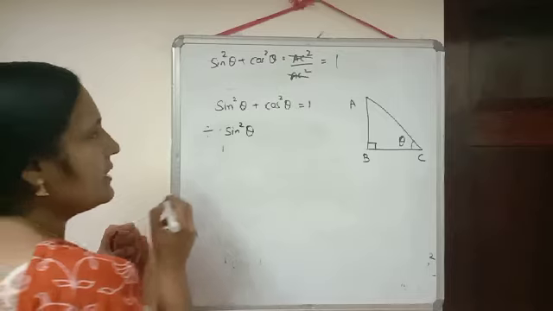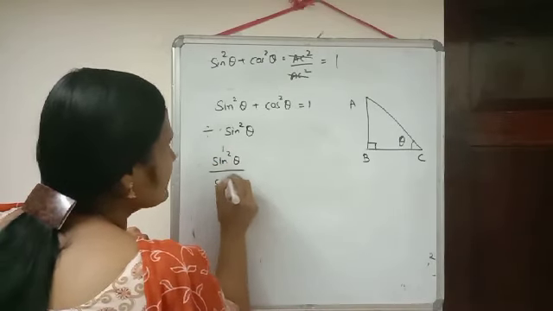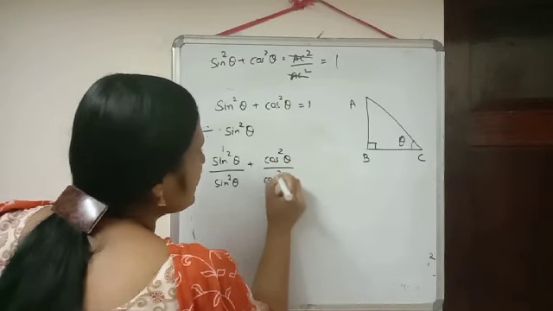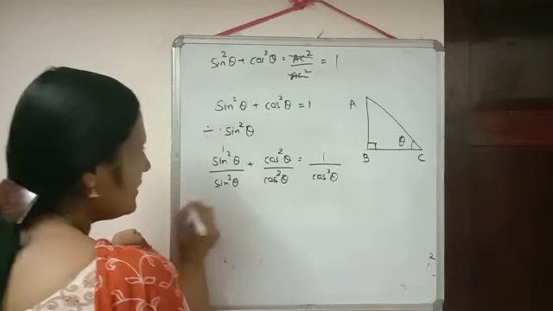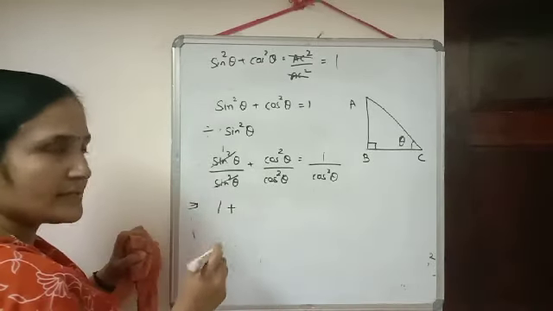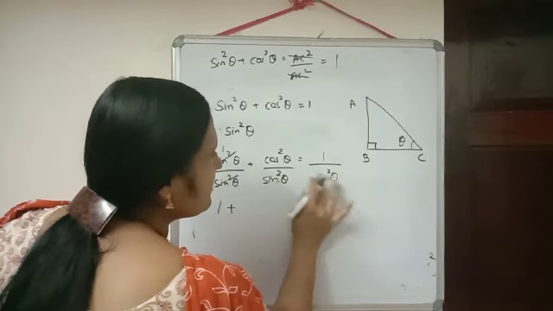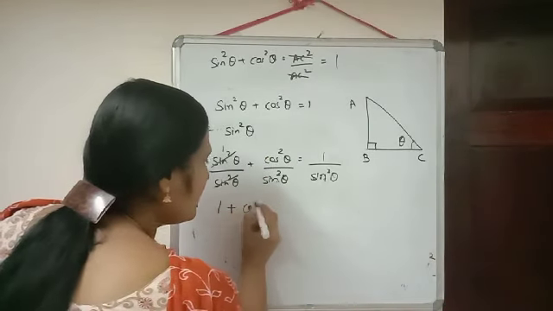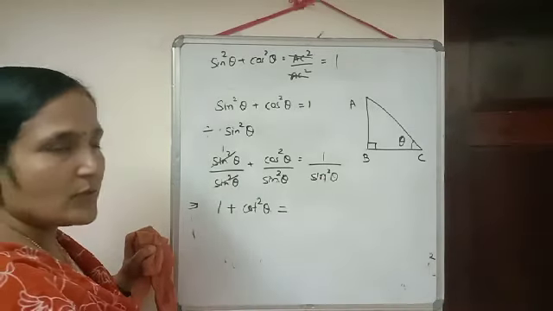Then sin square theta by sin square theta plus cos square theta by sin square theta is equal to 1 by sin square theta.